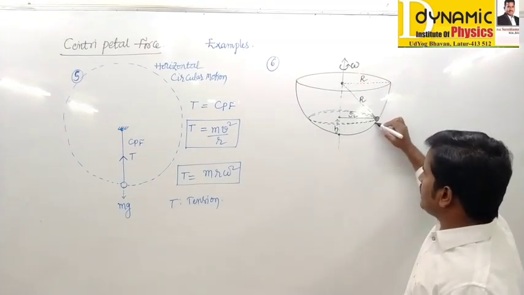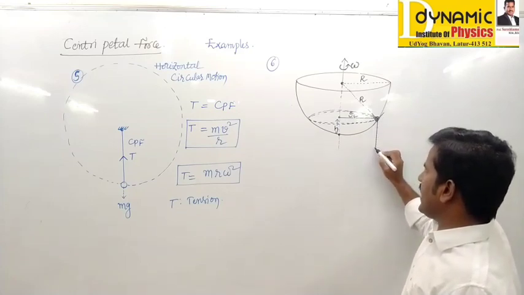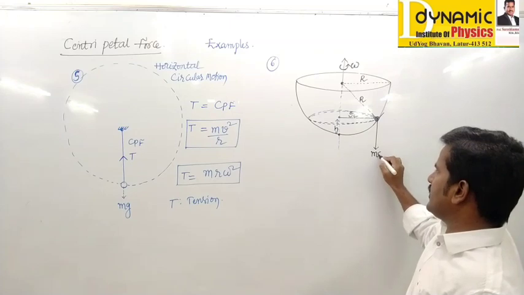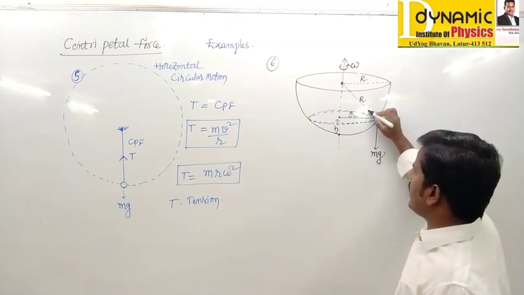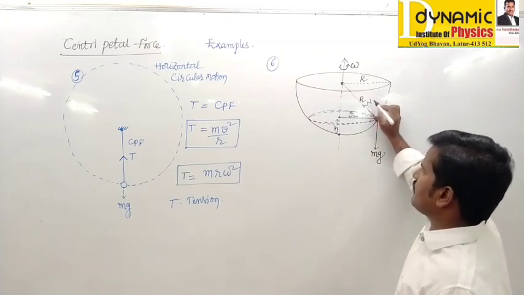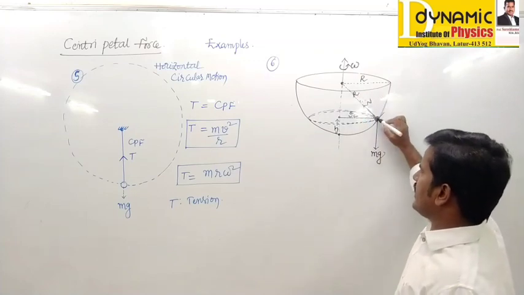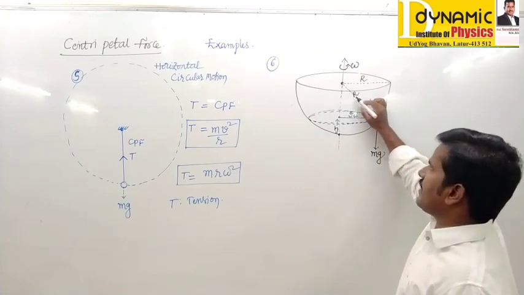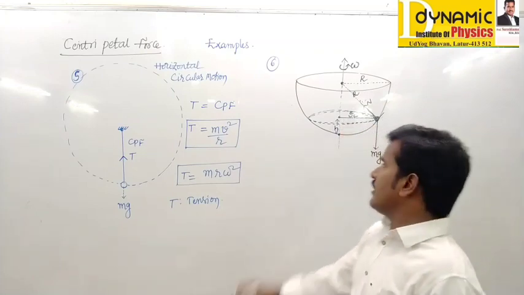First of all, this body is in a circular path. The weight of the body acts vertically downward. This is the weight. And the normal reaction acts toward the center direction. The radius of the circular path is small r.